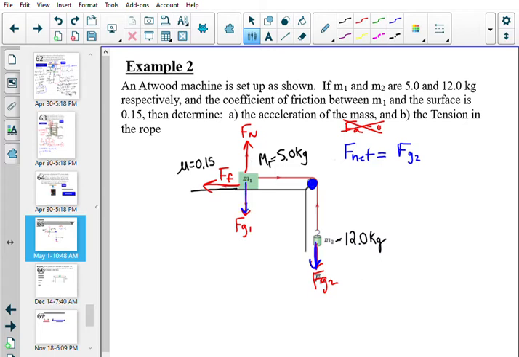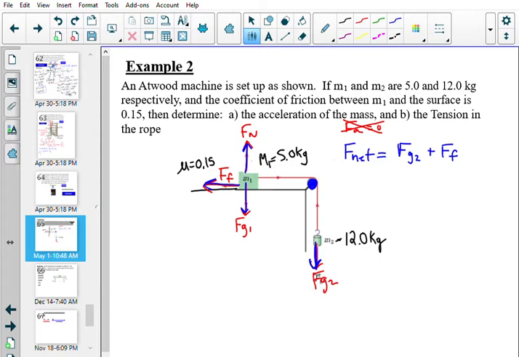It's not making the rope stretch. And Fn is not making the rope stretch, so they are not going to be included in my Fnet formula. But FF is definitely pulling on this rope backwards. So the only forces for my Fnet in these scenarios are FG2 and FF.